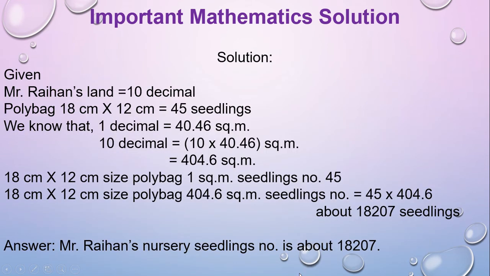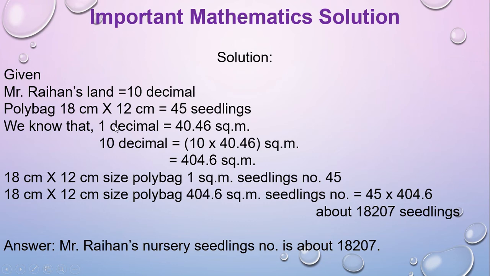Let's have a look. So the given Mr. Raihan's land is 10 decimal, but we know that polybag, we can see 18 centimeter into 12 centimeter is the size of polybag. The seedling number will be 45 per 1 square meter, but our land is 10 decimal.